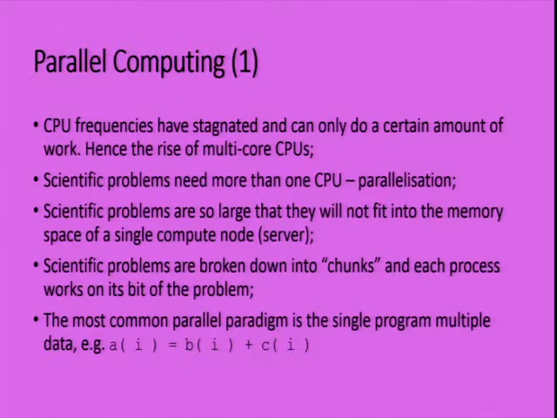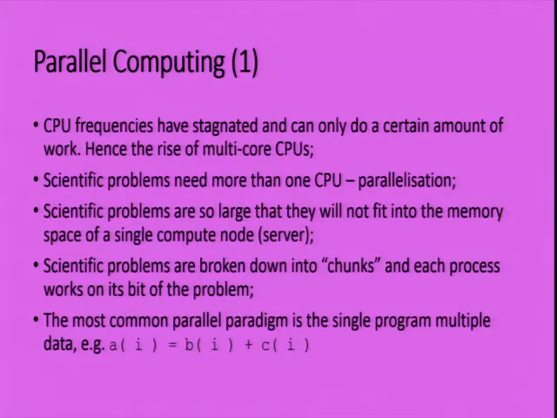So there's a great need for parallel computing. One reason is that Moore's law has stagnated. CPU frequencies have completely stagnated. They haven't increased for the last few years. They're around 3 gigahertz, 3.4 gigahertz, and they can only do a certain amount of work. So that's why you get multi-core desktops, servers, and even laptops.